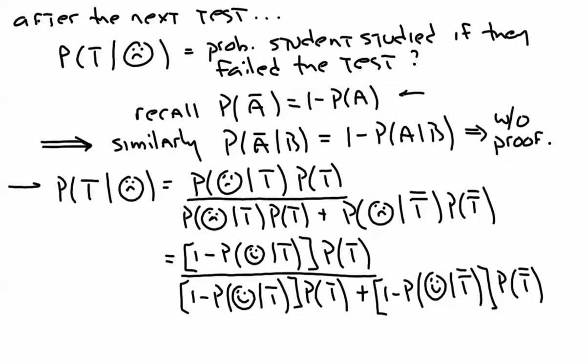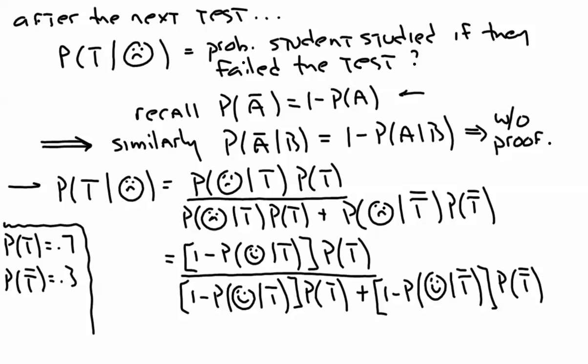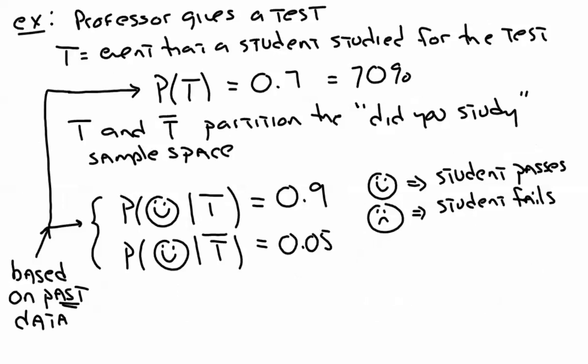And you'll recall earlier the probability that the student studied was 0.7, therefore the probability the student does not study is 0.3. Alright, we have access to the probability values that we need.